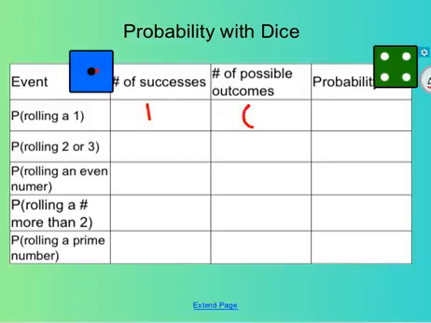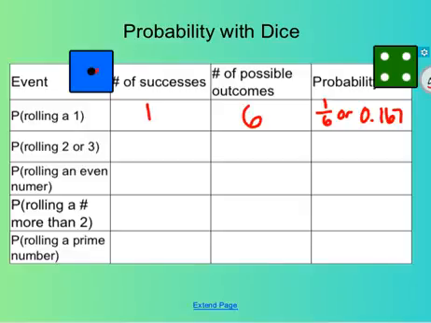The number of possible outcomes is 6, since it's a 6-sided die. So the probability is 1/6. Or, since we always need decimals when doing probability, because it has to be between 0 and 1, I would have said this is about 0.167.